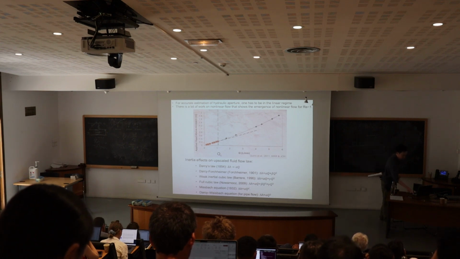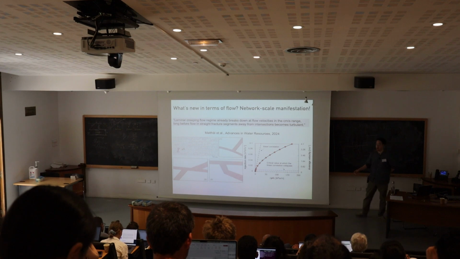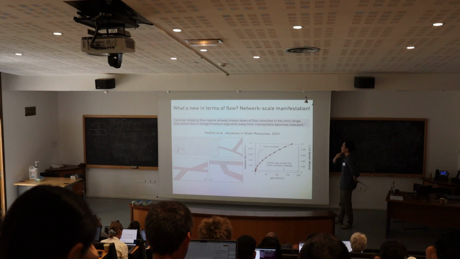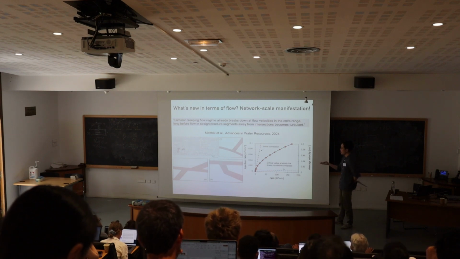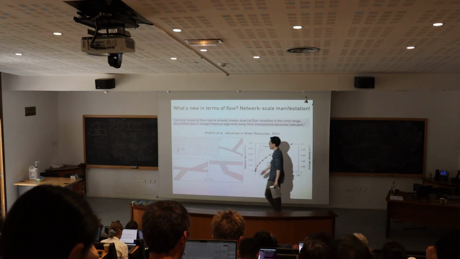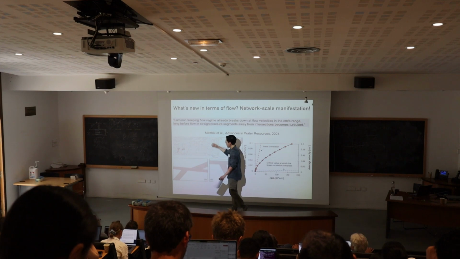Then what's new? So I was actually quite excited by this paper which was just published in AWR, which I'm not associated with at all. And it really showed network scale manifestation of inertia flow. And I want to comment a little bit about this. So what they've done is they took this outcrop image, which is actually used by many people now in our community.